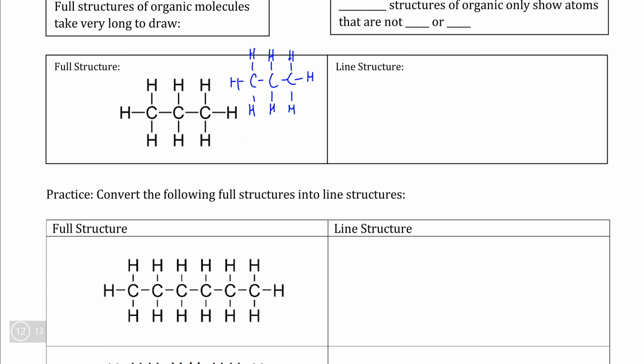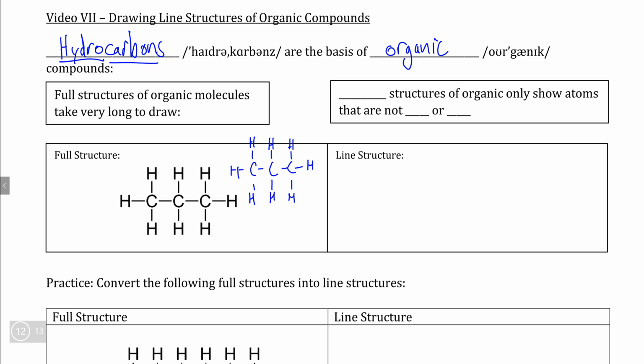So rather than drawing the full Lewis structure, which I did here, I'm going to show you how to draw a very simplified structure that still communicates all of the information. And that's the structure. So, regardless of how quick it took me to draw the full Lewis structure, I was able to draw this one here in less than a second.